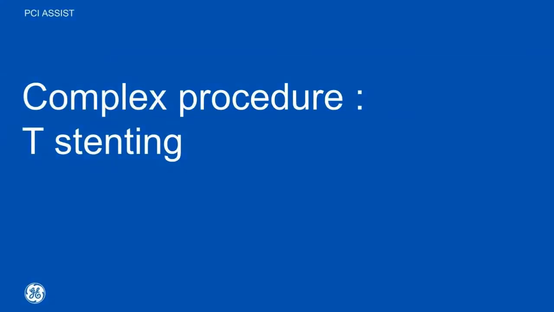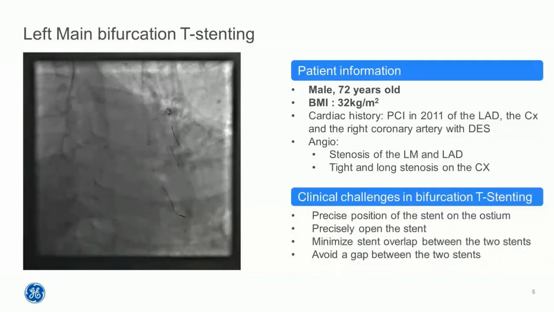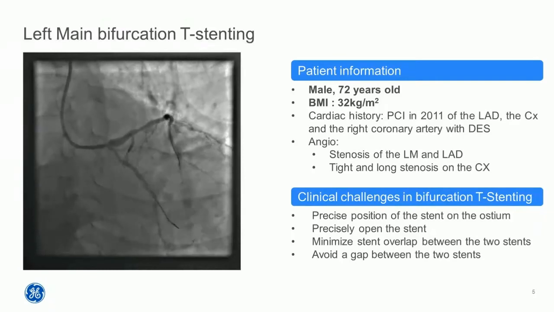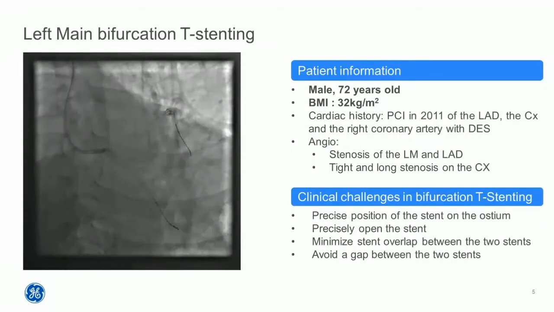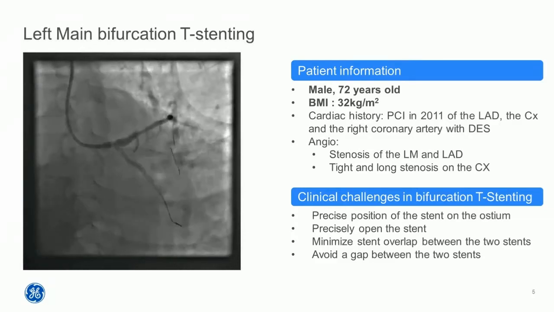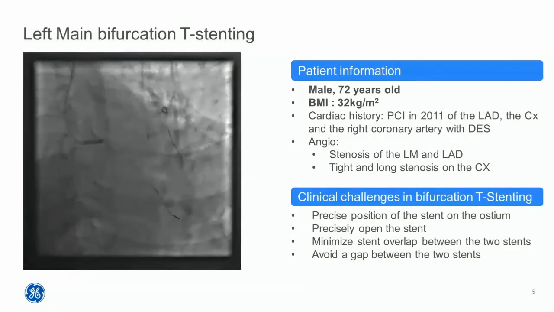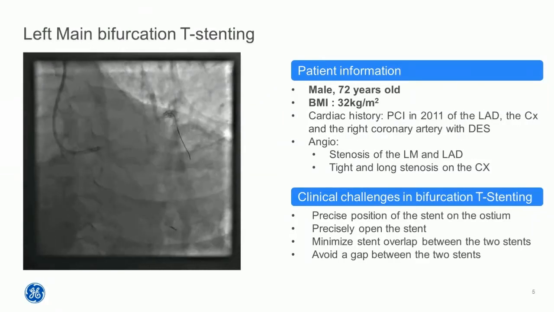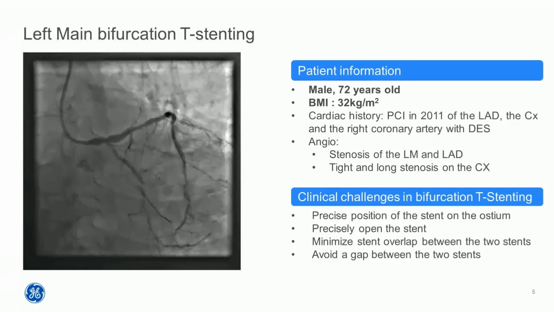Let me show you the first case, which is a complex case with a left main disease. In this 72-year-old male, we have in his cardiac history previous PCI of the LAD, circumflex and the right coronary artery with DES use.